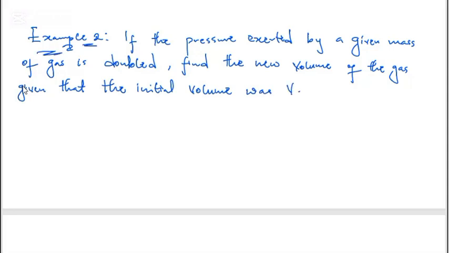Then you have options A and the rest. So let's look at how to solve the question.